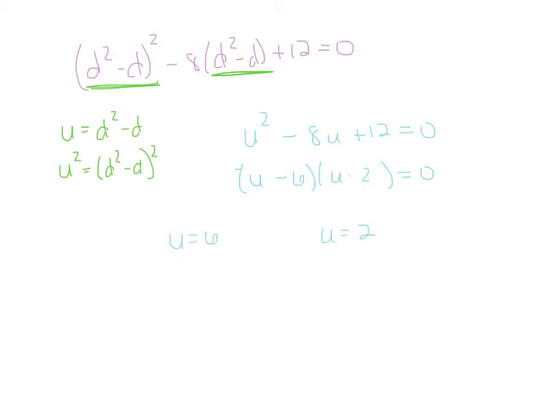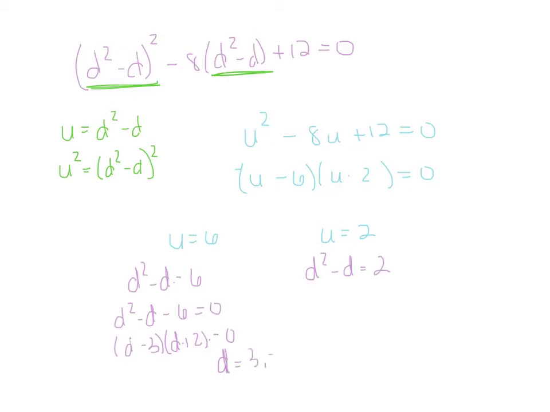But then you have to go back: what does u equal? So I get d squared minus d equals 6 and d squared minus d equals 2. Now you're going to want to set those equal to 0 and see if this factors. So with minus 3 plus 2, that one factors, and so then I get d equals 3 and negative 2.